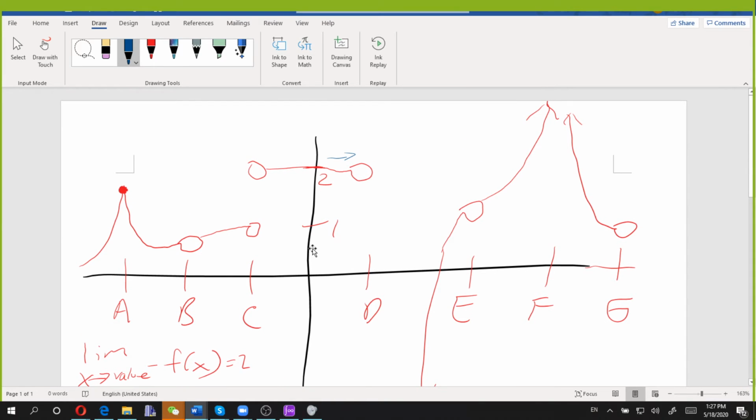Oh, let me do one more at f. So, Eric, at f, what's my limit from the left? Okay, what's my limit from the right? So what's my general limit? Infinity. Okay, and if I try to plug in f, what do I get? Does not exist.